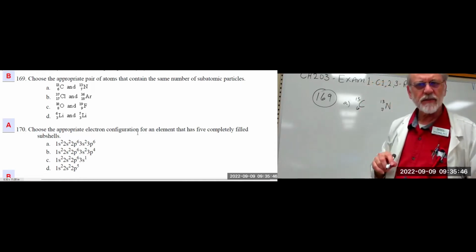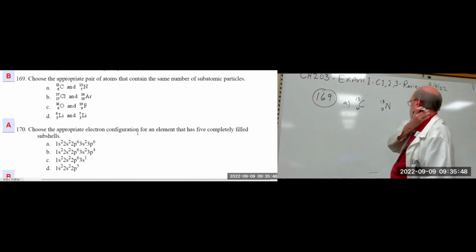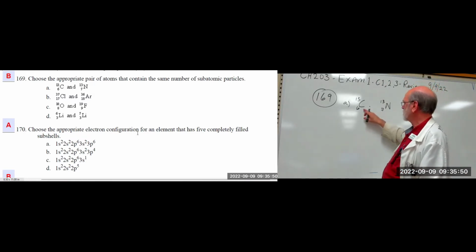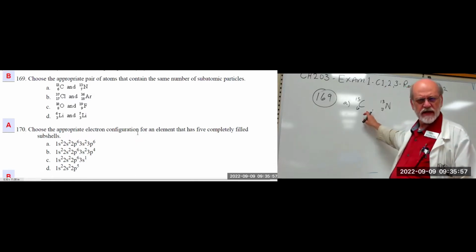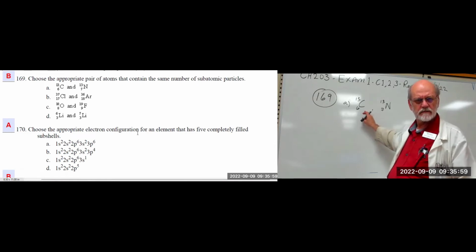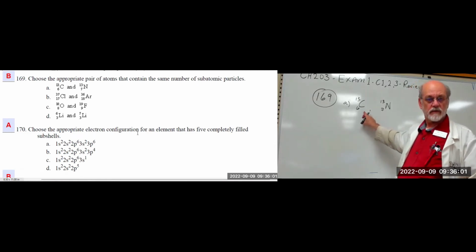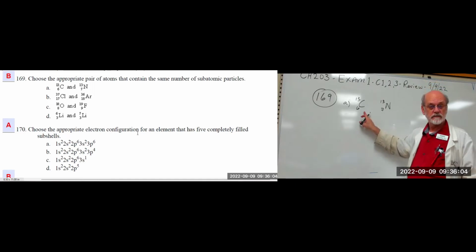Okay, subatomic particles. So we have... A should be a valid answer for that one, shouldn't it? I think that's the wrong answer. B's the wrong answer.